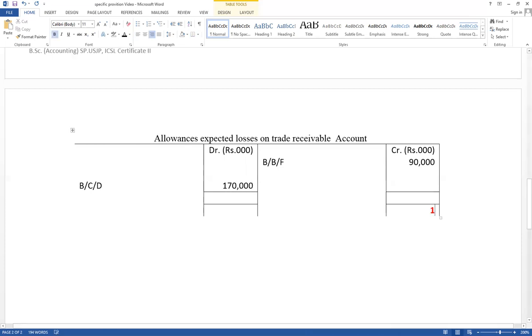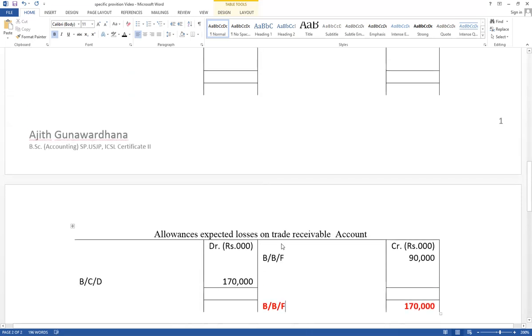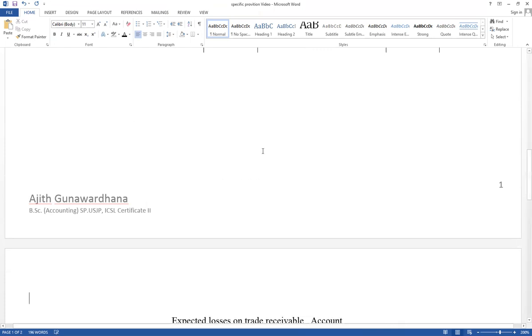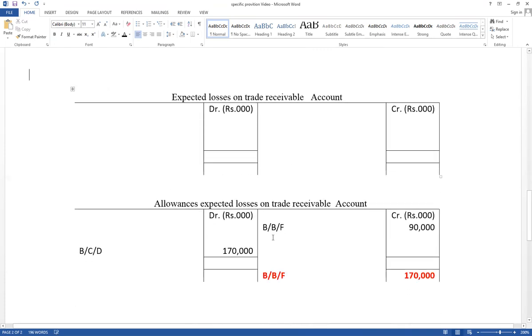That value, balance brought forward 170,000, credit side. If it has given an opening balance, you have to recognize under provision or over provision. Then the difference value should be transferred to the expected losses account. Think, the opening balance is lower, therefore the difference value is under provision.